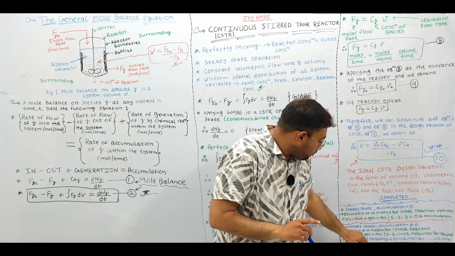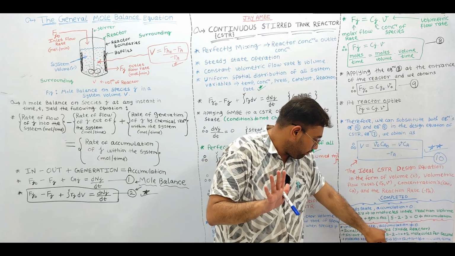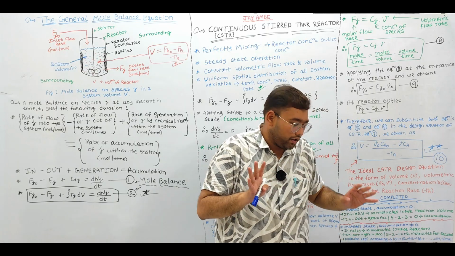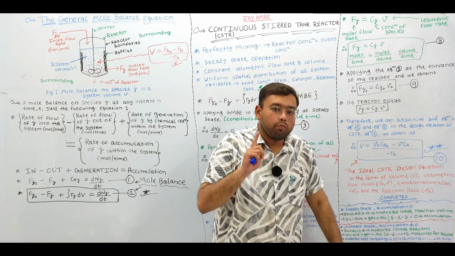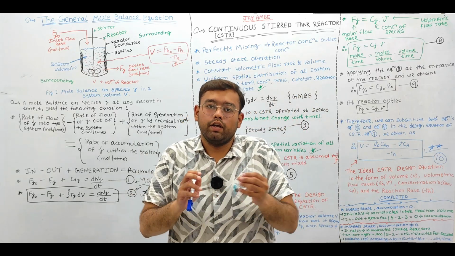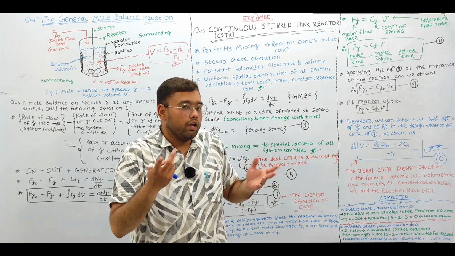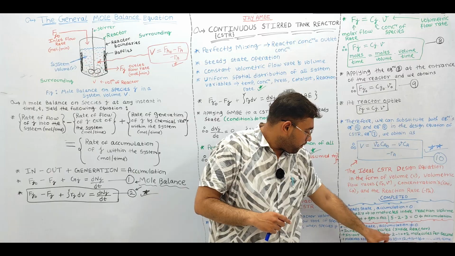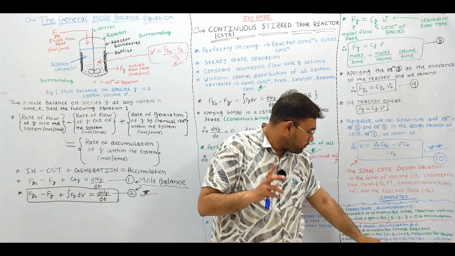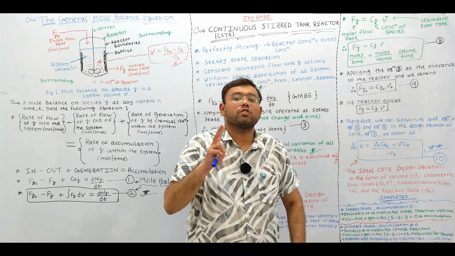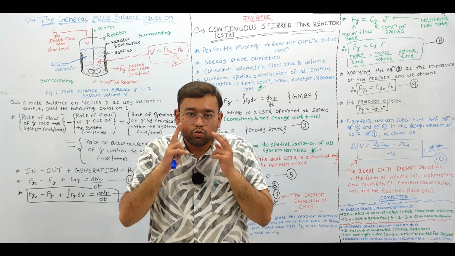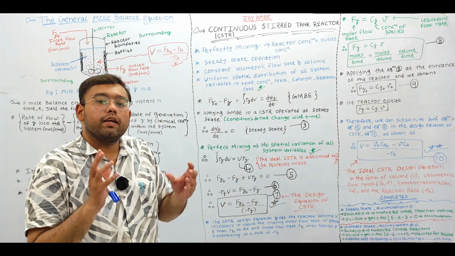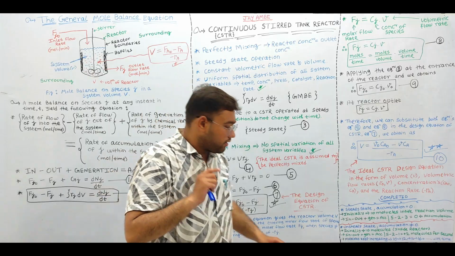So in minus out plus generation: inlet we have 5 molecules, 2 molecules are just leaving the reactor, so minus 2, and only one molecule is consumed and reacted and converted into a new product, so minus 1. If we calculate, 5 minus 2 minus 1 is 5 minus 3, which is plus 2, which means 2 molecules are getting accumulated inside the reaction environment, right?